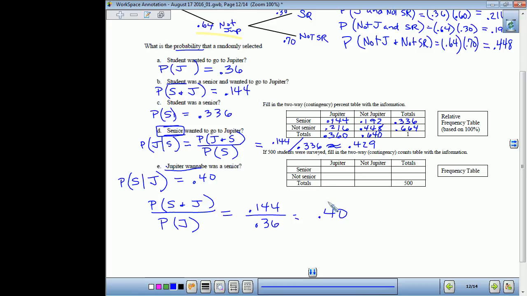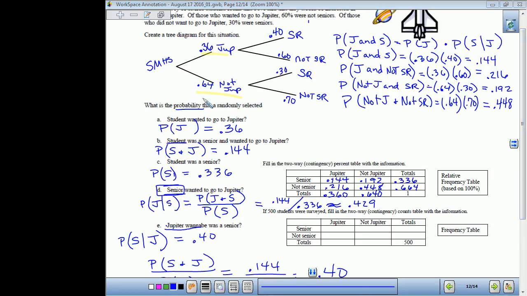All right. So do we see how to use the tree diagram to find our probabilities, to fill in our relative frequency table? Now, if we have 500 students that were surveyed, how can we fill in this information? We would multiply by 500. Now, if you didn't have a calculator handy, isn't multiplying by 1,000 and then halving the same as multiplying by 500?